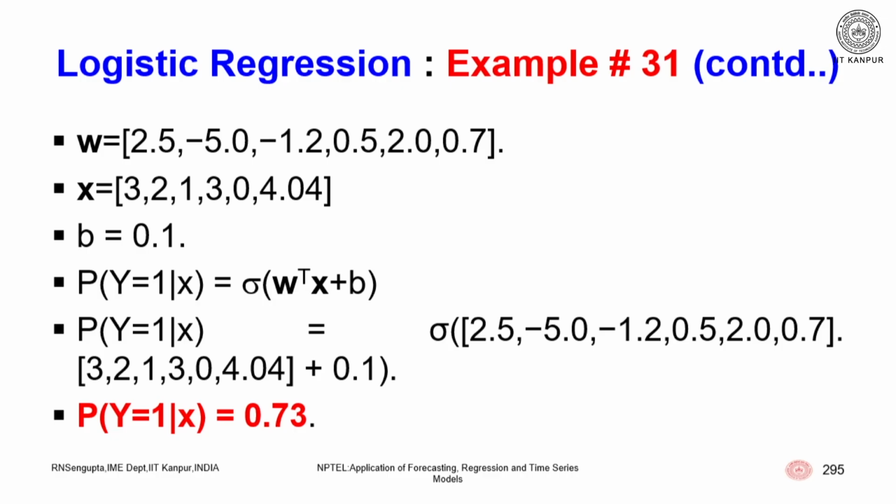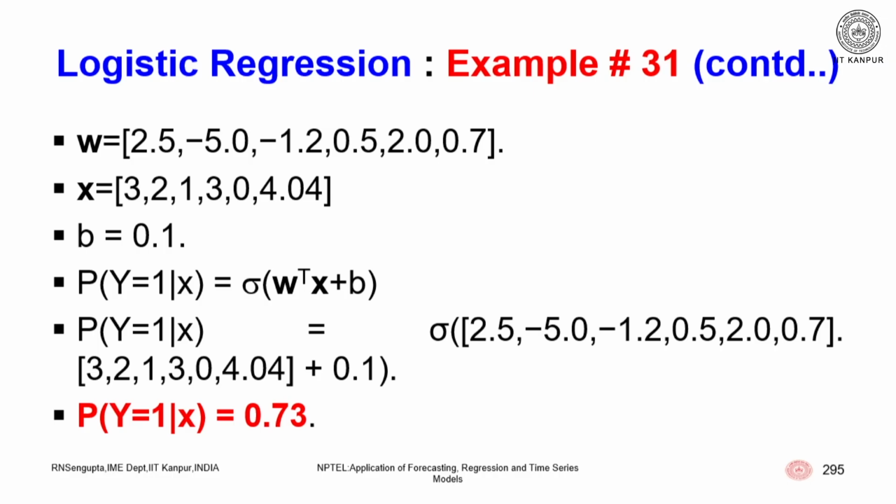Now, the weightages have been assigned, depending on the importance. If you remember, for x1, positive 1, very good, you assign a weight of plus 2.5. For x2, negative 1 does not give a very good meaning, so you assign a heavy number on the negative side, which is minus 5. For the others, it is given as minus 1.2, 0.5, 2.0, 0.7.